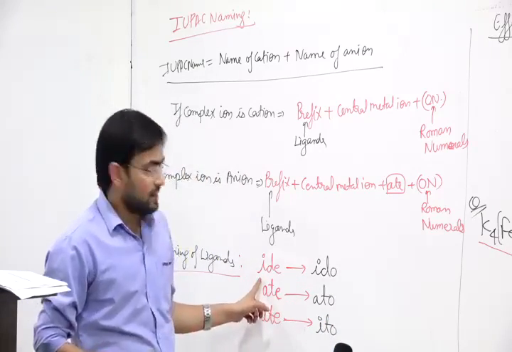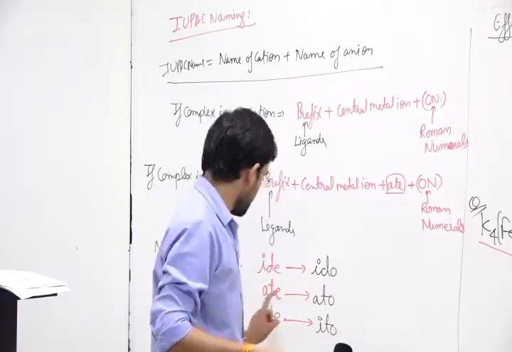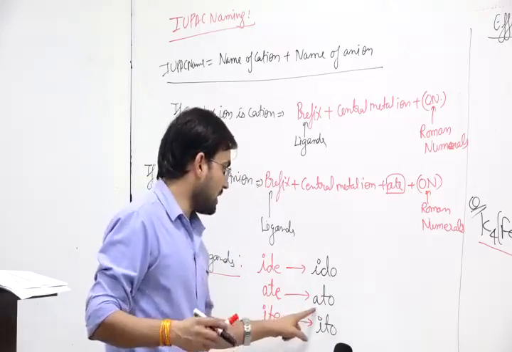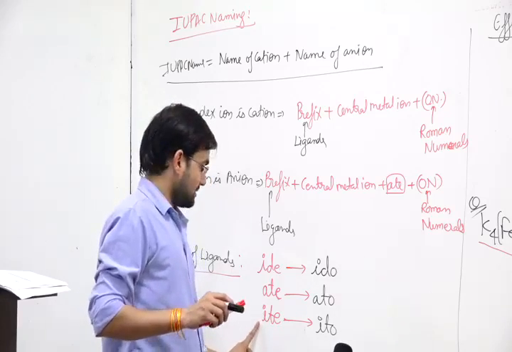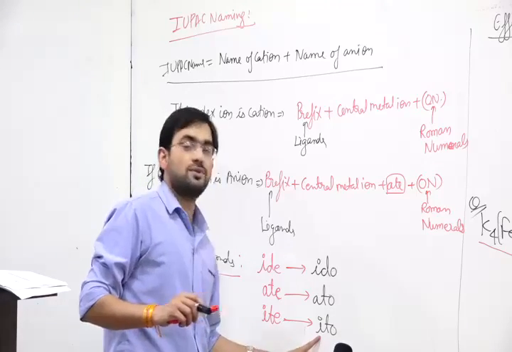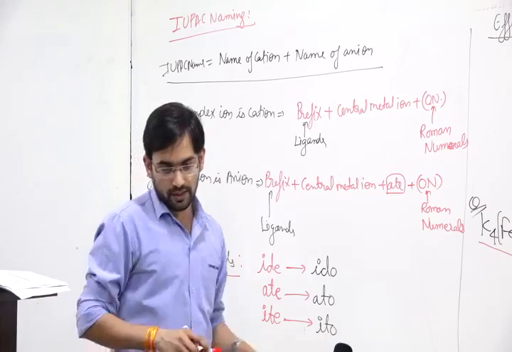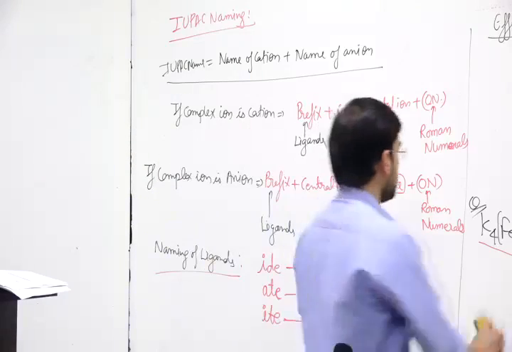Basically chloride now becomes chlorido. Sulfate becomes sulfato. Sulfite becomes sulfito. Understood? Now we'll do naming.